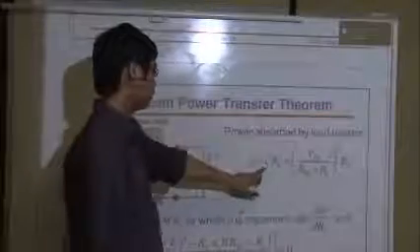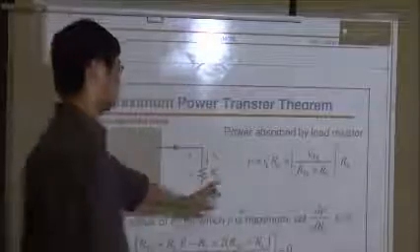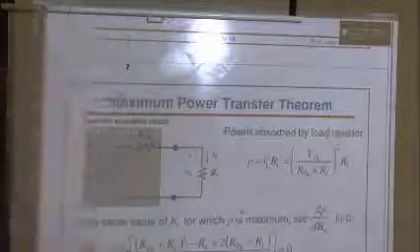Again, power is I squared times R, and this is simply a voltage divider, right? So the I will be VTH over the total resistance.